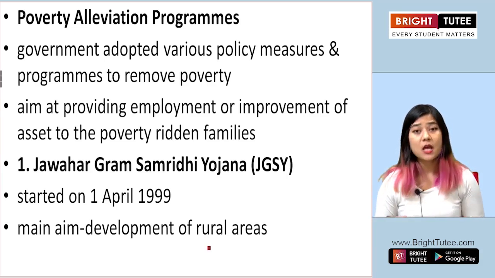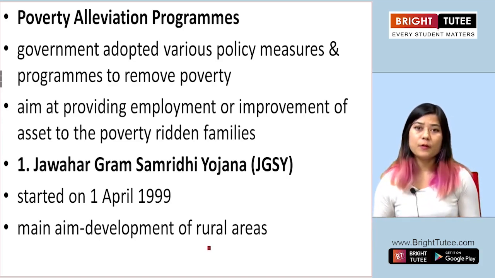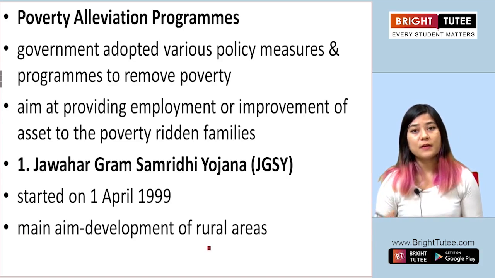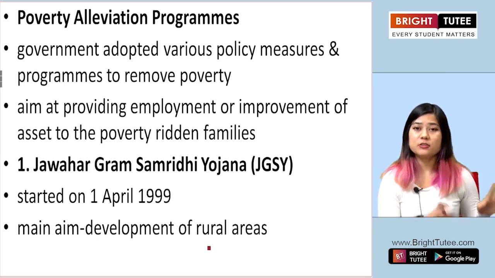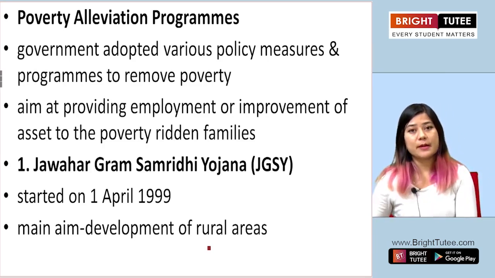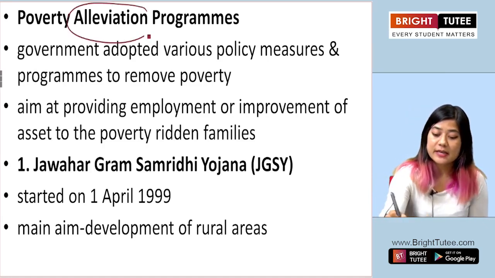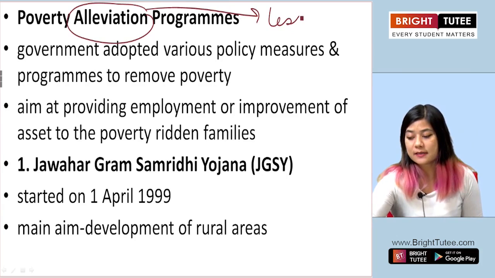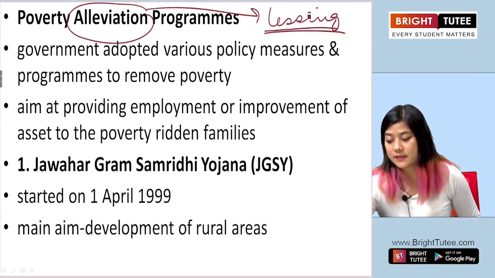So the government introduces a number of programs and schemes so that if the poverty control measures do not work, there are other programs which may help in alleviating, that means lessening, the problems of poverty.